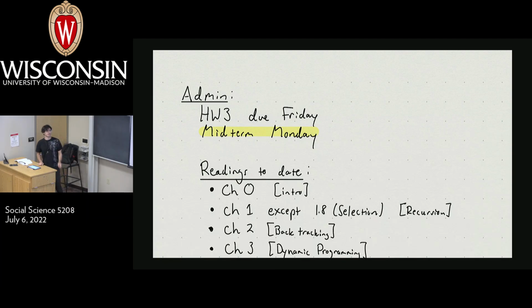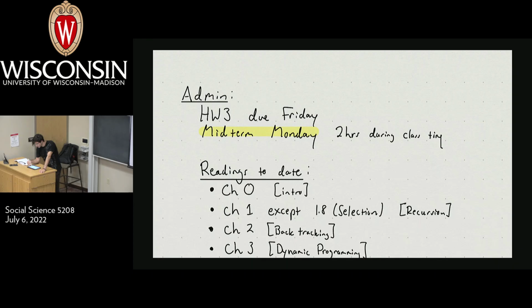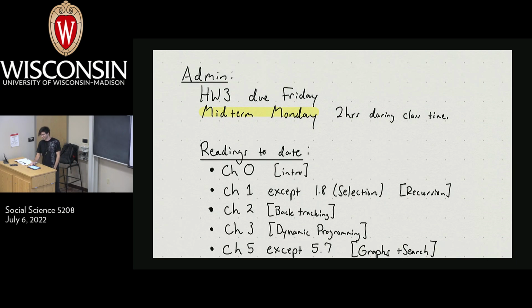I'm going to send out a Piazza post with the formal stuff, but the exam is going to be 2 hours during class time. It's going to cover DP and recursion, basically everything we've covered up to this point. For other things about the midterm, you can ask, or I'll post on Piazza.